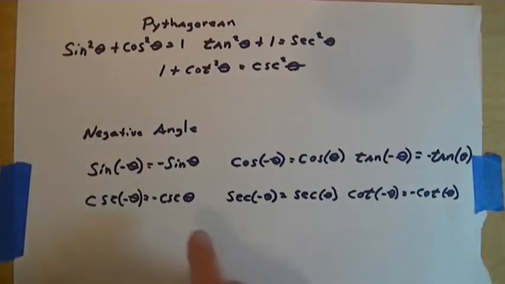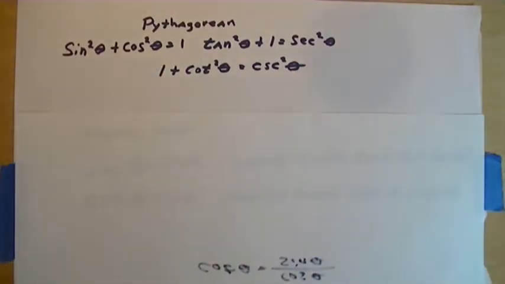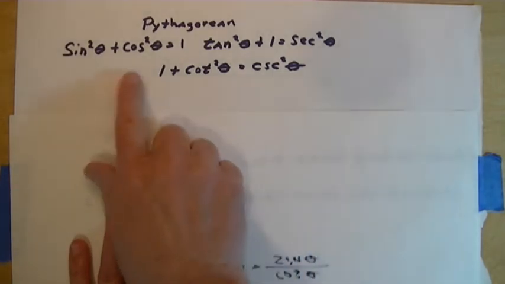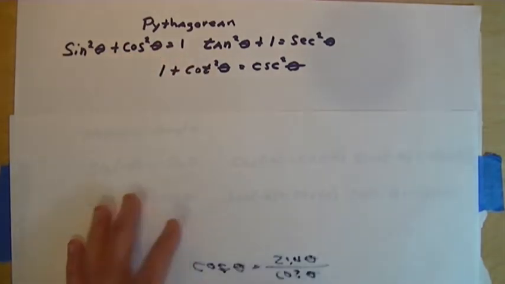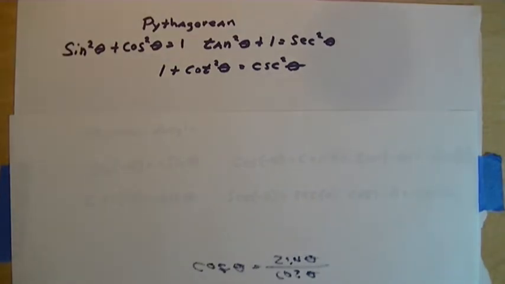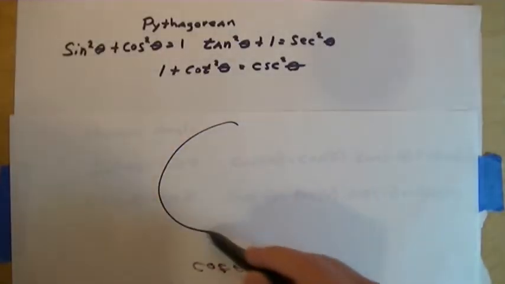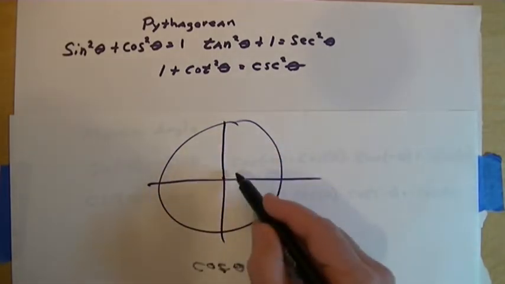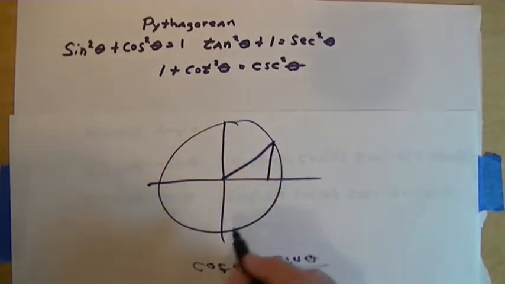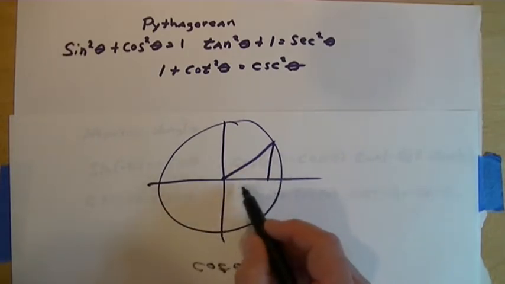Let's talk about these Pythagorean identities before we get to the negative angle ones. Sine squared plus cosine squared equals 1. This should make some sense if you're looking at your unit circle. It's hastily drawn, but remember, your x is your cosine.